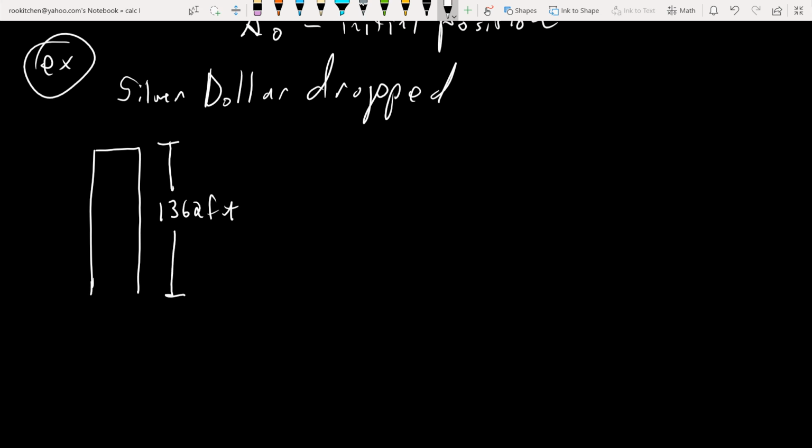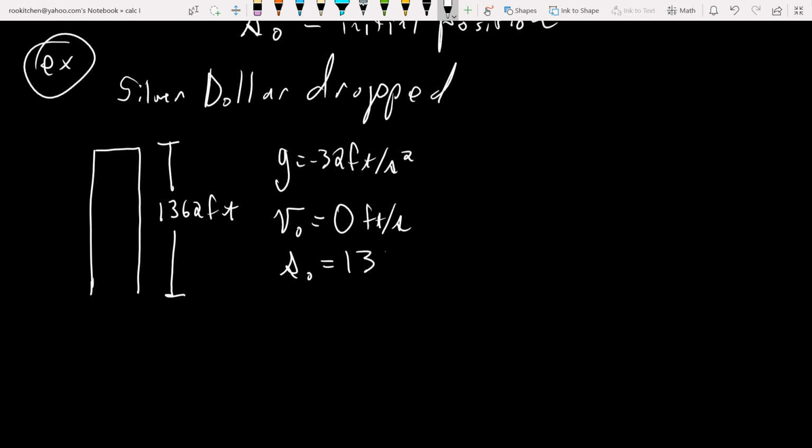We'll need a gravitational constant then of negative 32 feet per second squared. The initial velocity, first off, we're dropping it at time 0, so it's going 0 feet per second. The initial position is 1,362 feet above the ground.